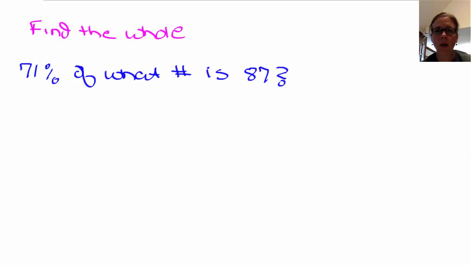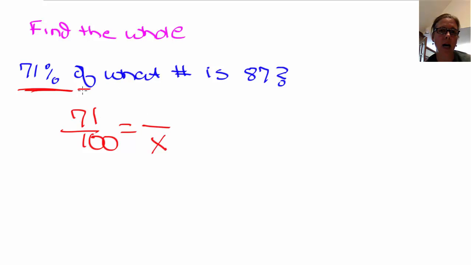So this one, find the whole. So 71% of what number is 87? So again, we're given the percent. Percent is always over 100 equals of what number? So that means we don't know it because it's the of, and we don't know. Is 87. So after the is the 87. Okay, so it's asking 71% of what number is 87?